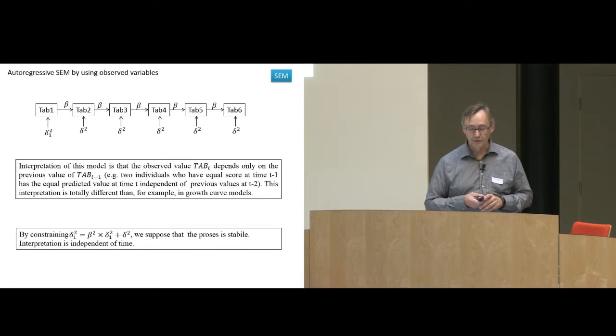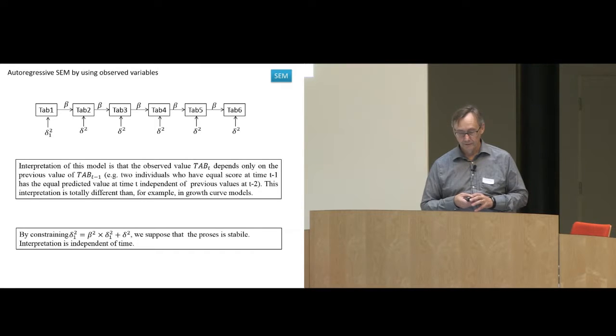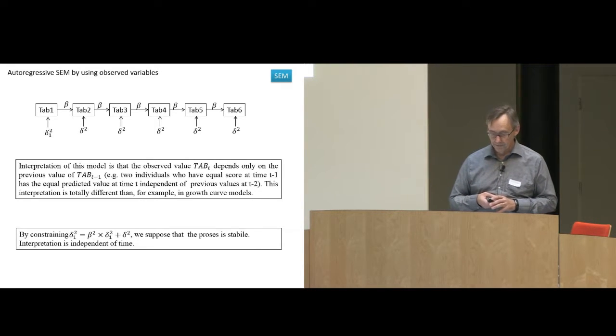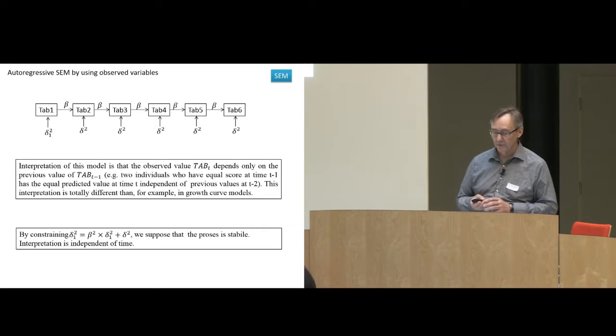That means that two individuals who have an equal score at time t minus 1 have the equal predicted value at time t, independent of previous values. This interpretation is totally different than, for example, in growth curve analysis.